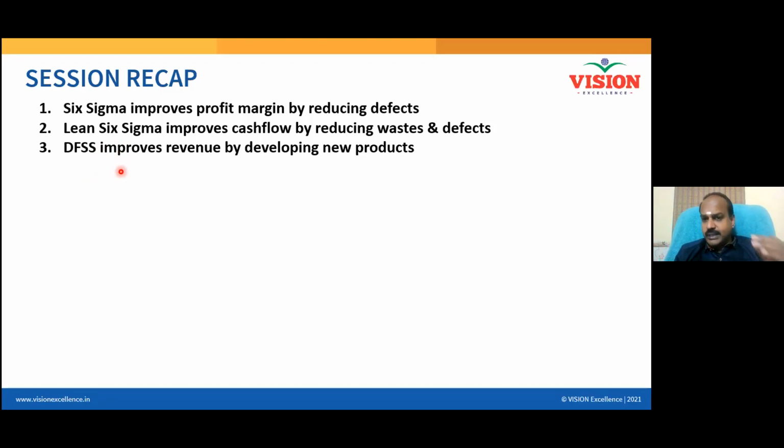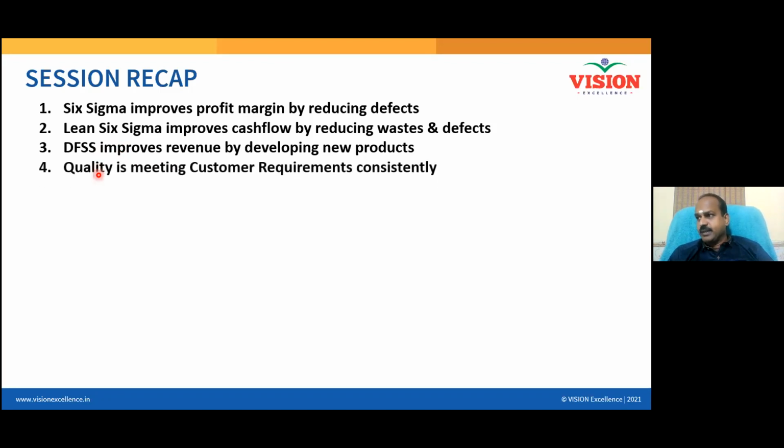You can only do a DMAIC project and not a DFSS project, right? So don't spend your time doing a DFSS project in a short time. New product development is generally a 1 year or 2 year job. So when you want to complete a project within 3 to 4 months, you can prefer using the methodology DMAIC.